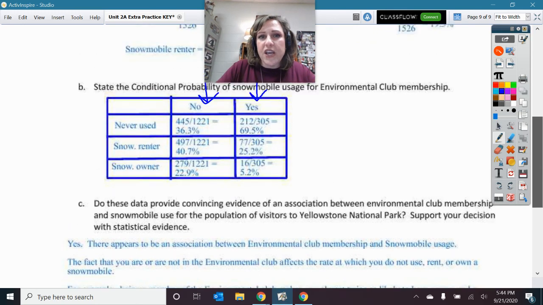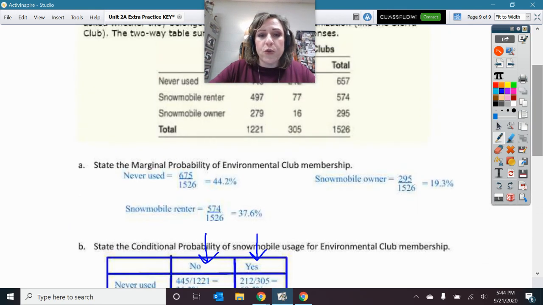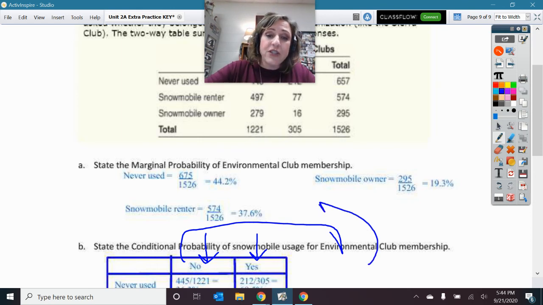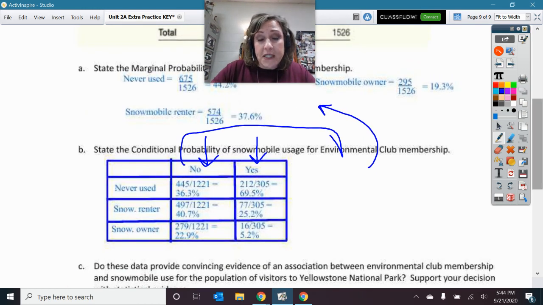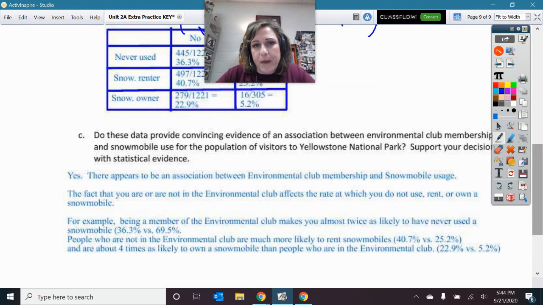If there was another category here, if there were three or more conditional categories, you would have to compare to the marginal, because you could have one subcategory that's independent while the others are not. Anyway, I happen to compare no and yes, environmental club or not.